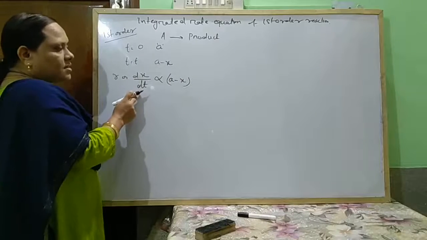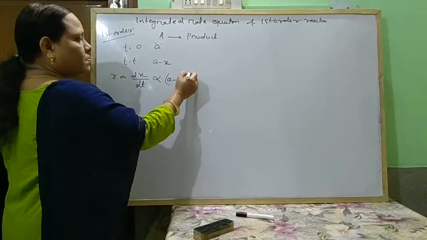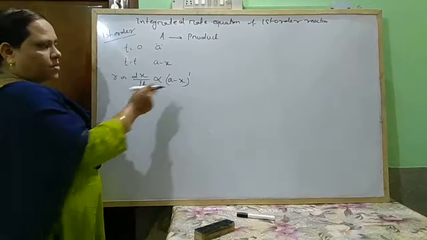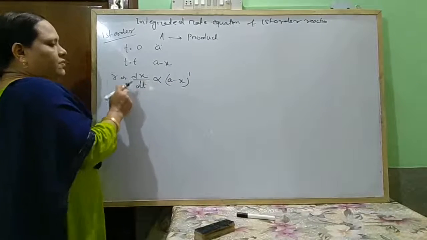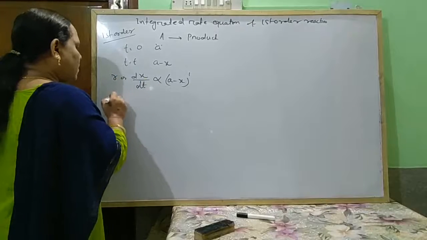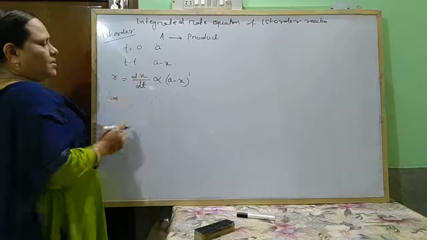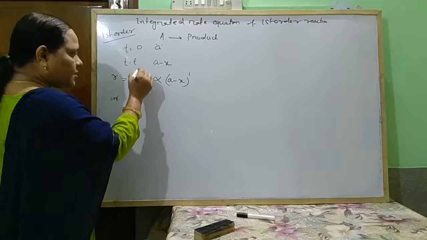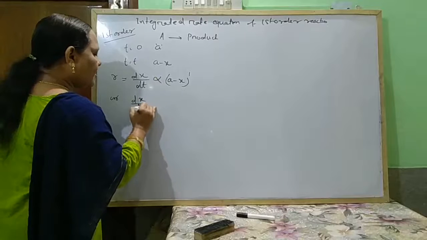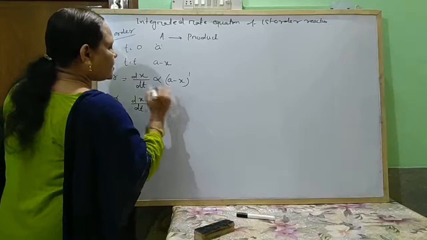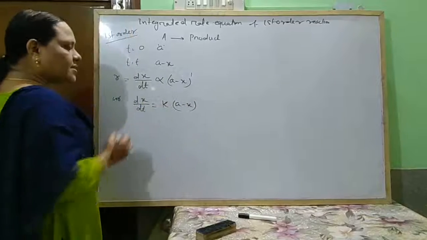So dx by dt is proportional to a minus x to the power 1, or dx by dt equals some constant k times a minus x.